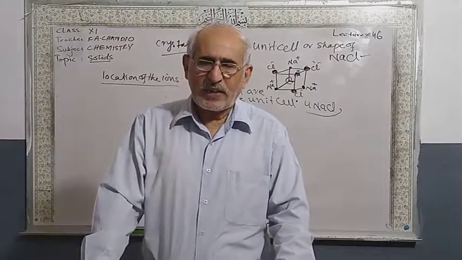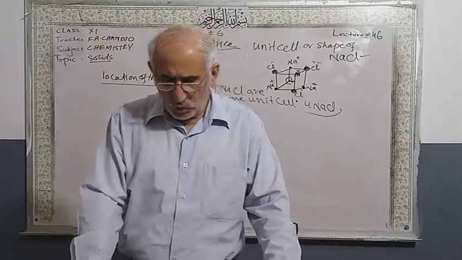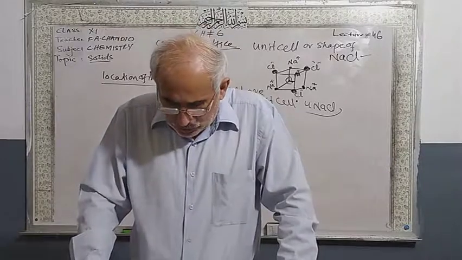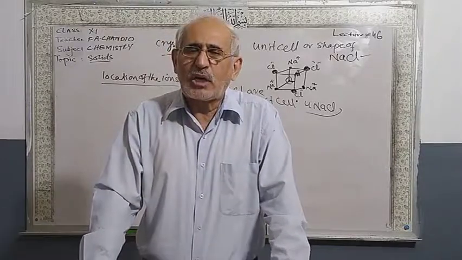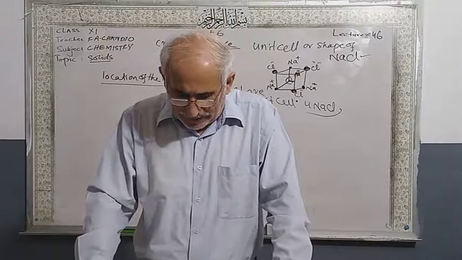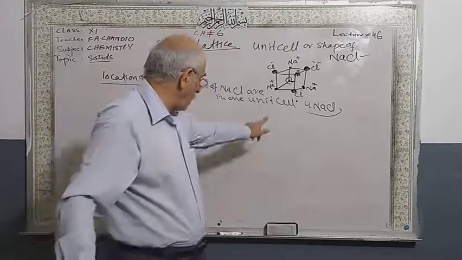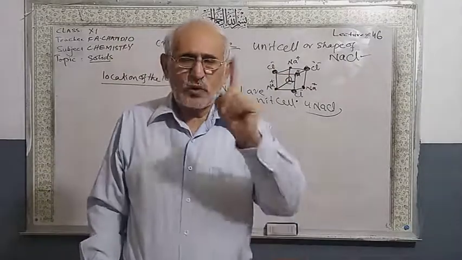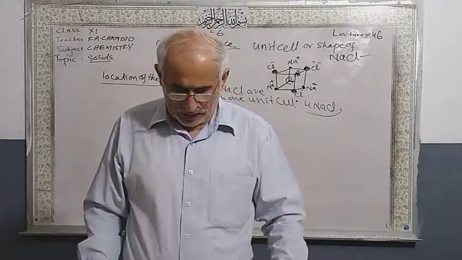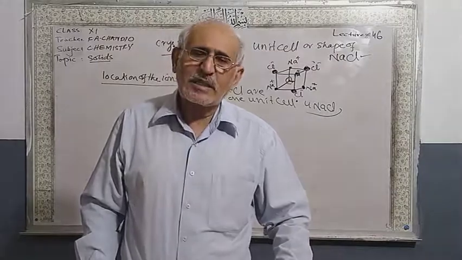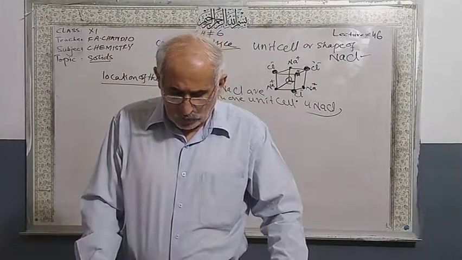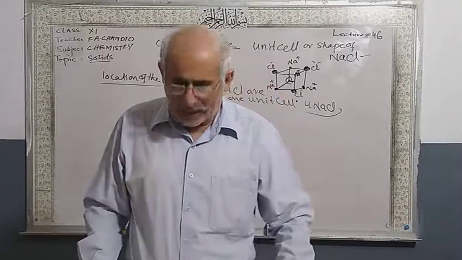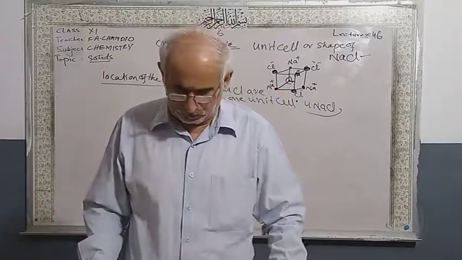Each face is shared by 2 unit cells. So the number of chloride ions in each unit cell can be calculated. Calculation of chloride ions: number of unit cells 8, number of chloride ions 8. So the number of chloride ions in one unit cell is 8 over 8, which gives 1.